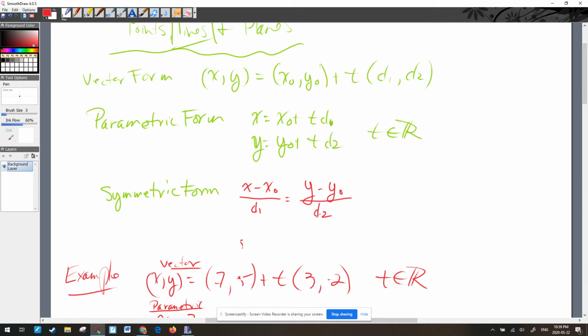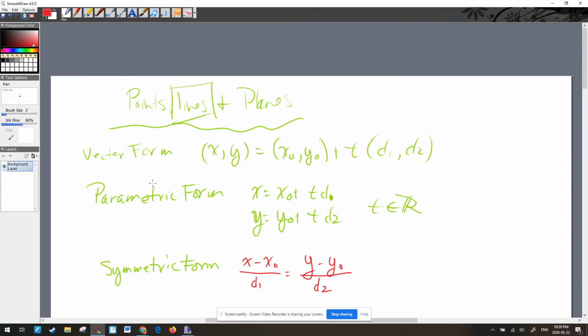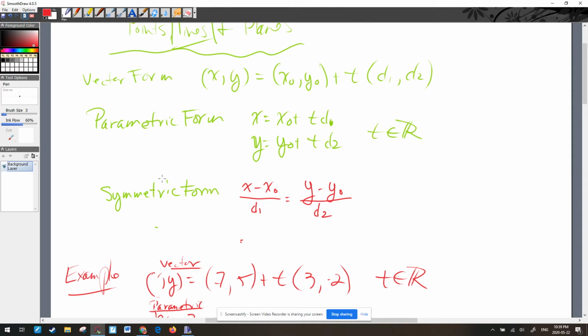What's cool is that the denominators form the direction vector, so the direction is in the denominator. And then this and this form your anchor point, or really your anchor vector, but your anchor point.